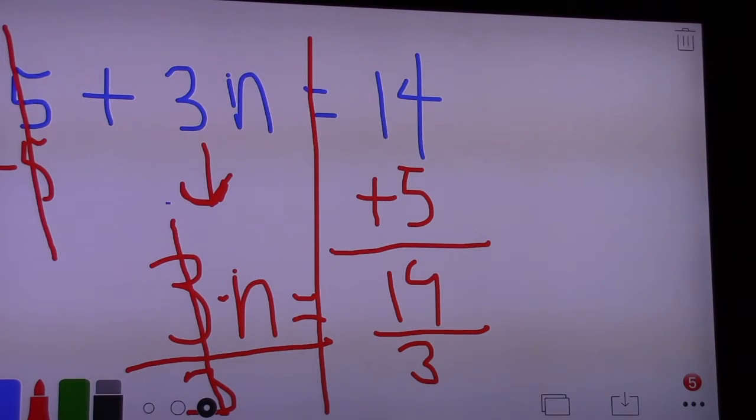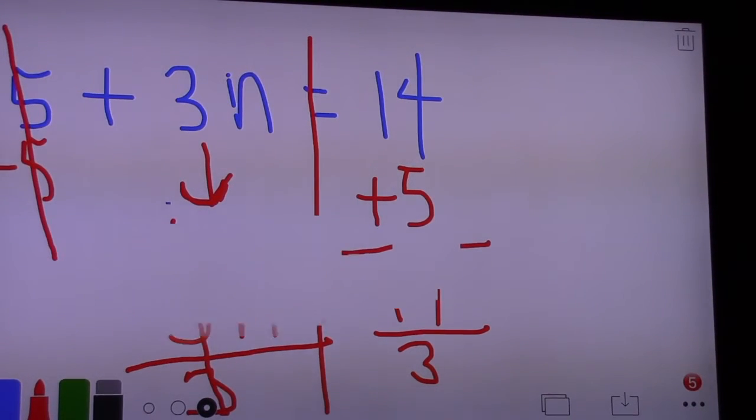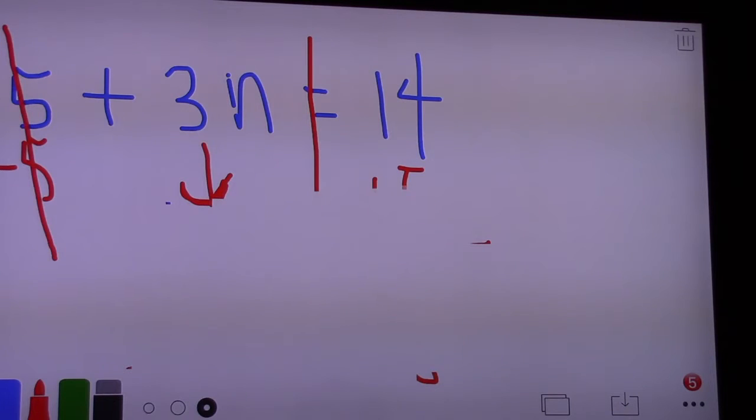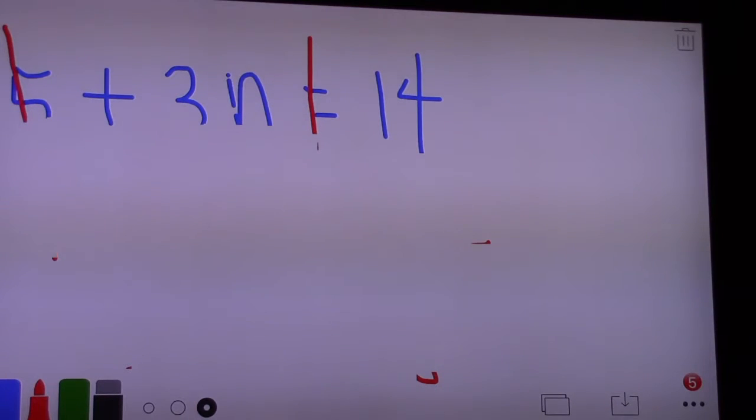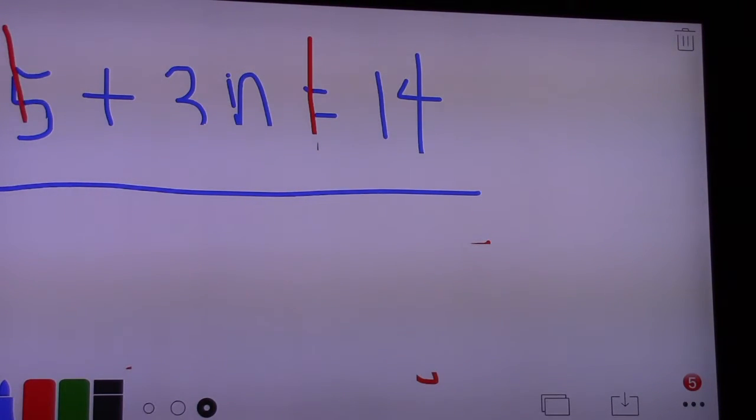Now, mental math will get you so far, and students may think, okay, I'm just going to subtract 5 from this side, then divide in my head and solve it. At the point that we're at right now with one-step equations, you might be able to get away with that.